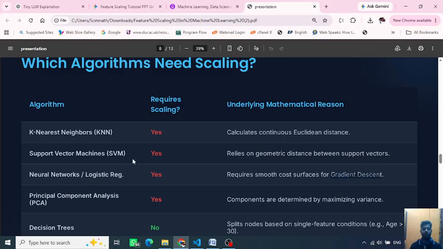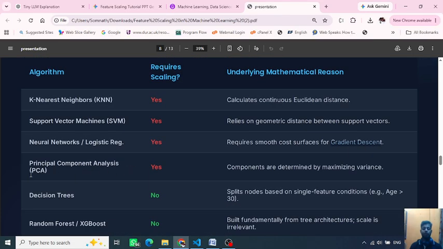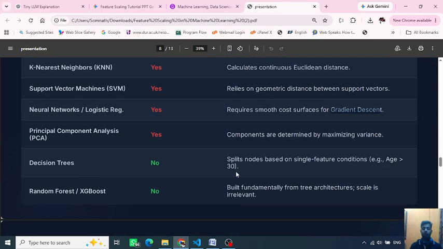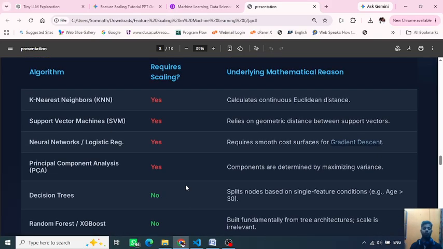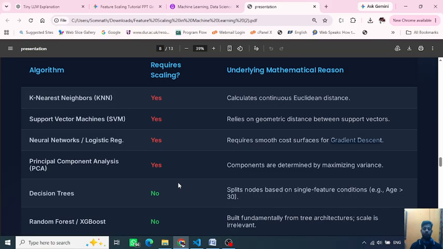Principal component analysis, PCA, yes, needed, because components are determined by maximizing variance. Decision trees are not needed because they split nodes based on a single feature condition. Random forest and similar are also not needed. So this is a table of some basic ML algorithms, which require scaling of the data before training and which do not.